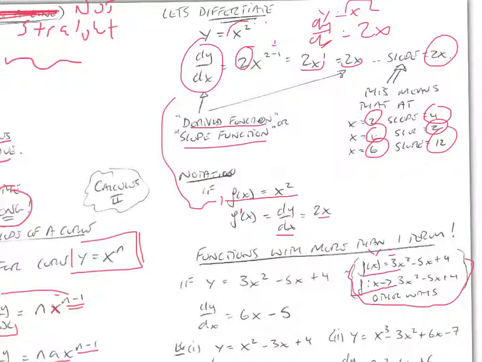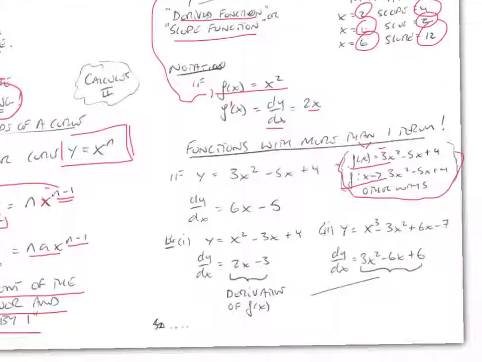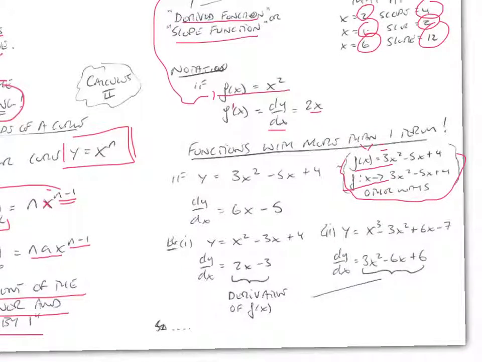What about functions with more than one term? Because y equals x squared or whatever is kind of straightforward enough. So what about if y equals 3x squared minus 5x plus 4, a quadratic expression? dy/dx is equal to 2 times 3 is 6, by x to the power 2 minus 1 is 1, minus 1 times, because there's a 1 there that you can't see, 1 times minus 5 is minus 5, by x to the power of 1 minus 1, x to the 0, it's not there.